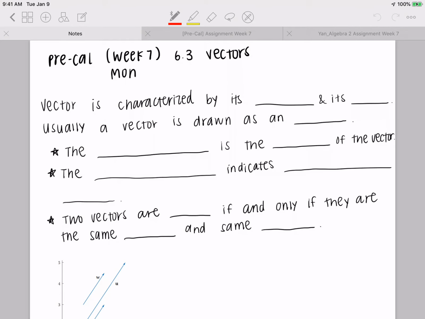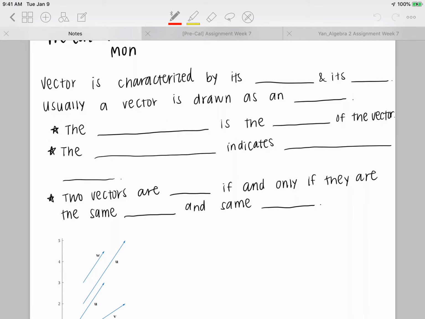Okay, so I'm going to go back to 6.3, vectors. I pre-wrote some of these again so I can fill in the blank. Saves me a lot of time to teach. So a vector is characterized by two things, which are magnitude and direction.